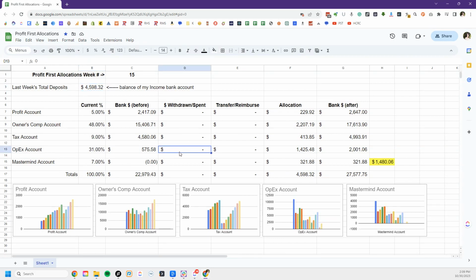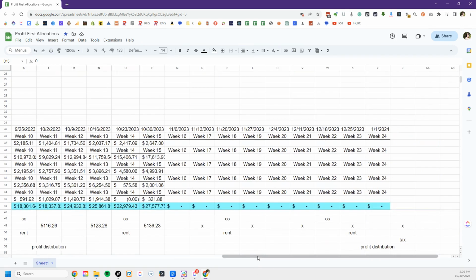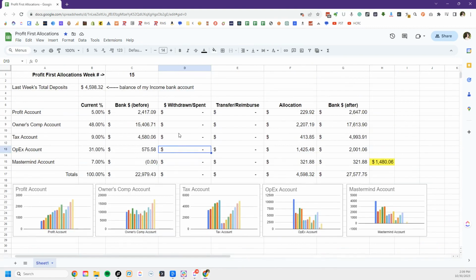And the payroll that came out of my OPEX account was $5,136.23. So that's the total for me and my VA.